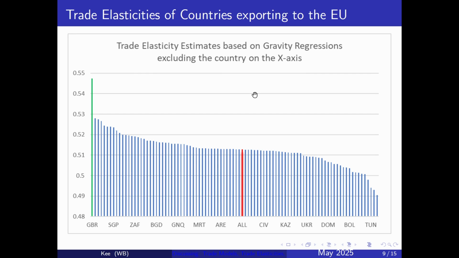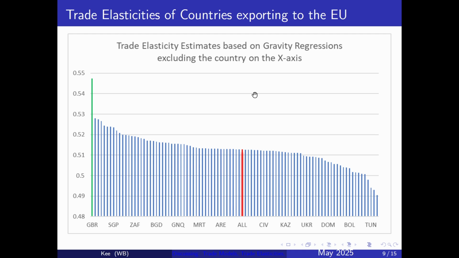Just now you showed us gravity regressions using bilateral trade on distance. This is a plain vanilla gravity regression, regressing bilateral trade on distance for all the EU trading partners. When I have all the EU trading partners in the regression, the elasticity estimate is a little bit more than 0.051.